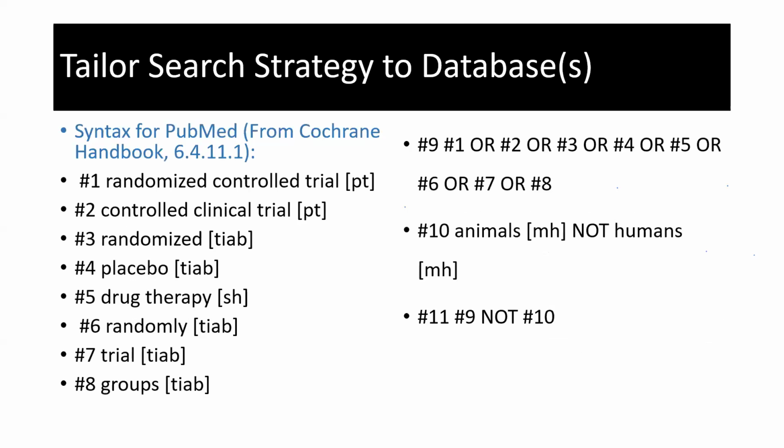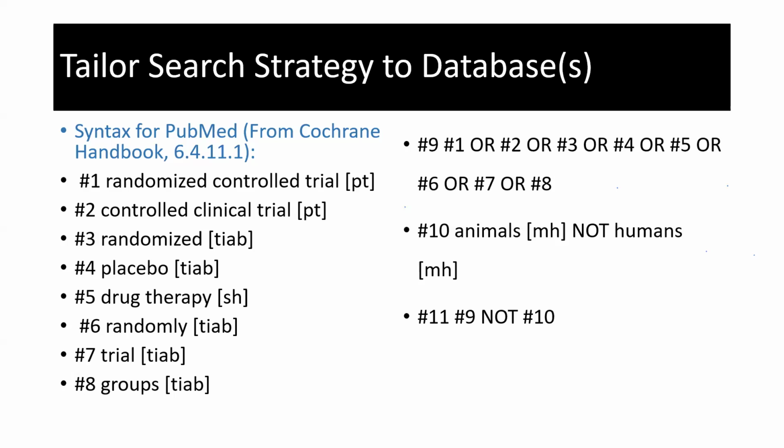Now, the syntax for PubMed comes from the Cochrane Handbook. 1, randomized controlled trial. 2, controlled clinical trial. Randomized, placebo, drug therapy, and so on, up to 9. We combine them with a Boolean operator. All these are search terms which you combine with Boolean operators, whether you use AND, OR, or NOT.